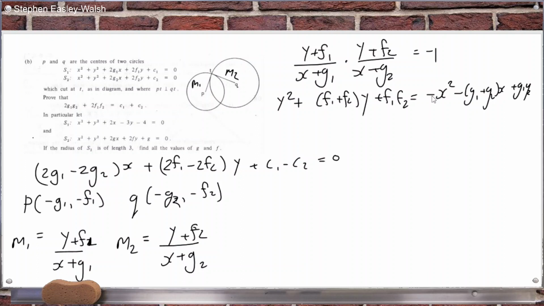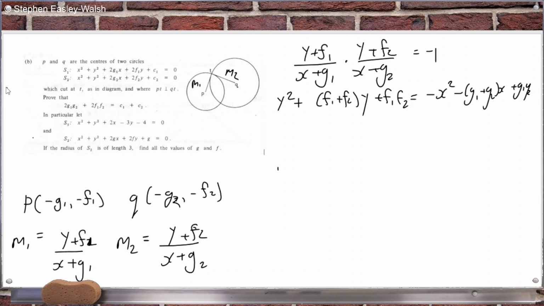So if I take the x squared to the left, what am I going to end up with? I'm not sure if this will be useful to me. I'm just going to remove it for a second. I don't think it will be useful. I think my best way forward might be with the slopes.